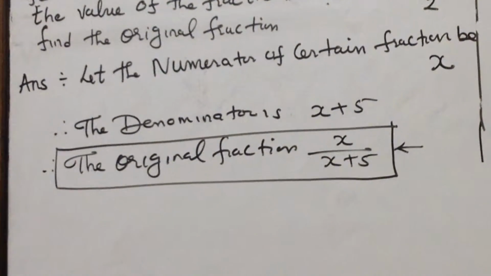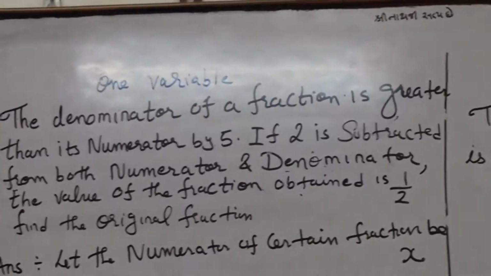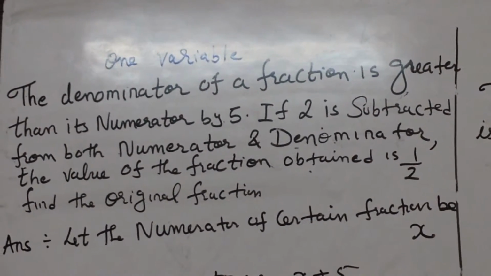Right? Now, what does the further condition state? If 2 is subtracted from both numerator and denominator.